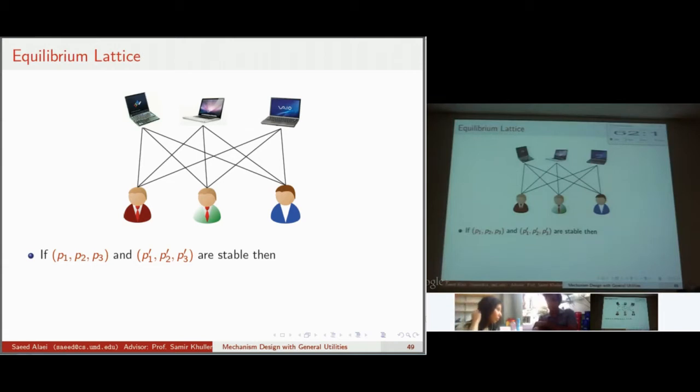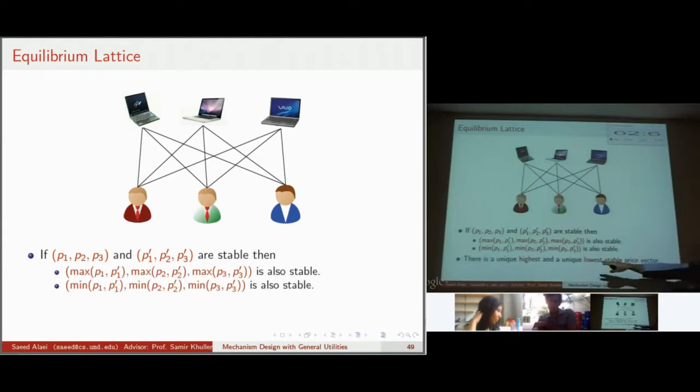Okay, so here is a definition of the equilibrium lattice. Stable means that if you assign those prices, there is a way to allocate items to agents such that everyone is happy and everyone receives their preferred item. If you have two stable price vectors, and you take the maximum of all the prices, or the minimum of them, those are also stable price vectors, which means there is a unique highest stable and a unique lowest stable price vector.